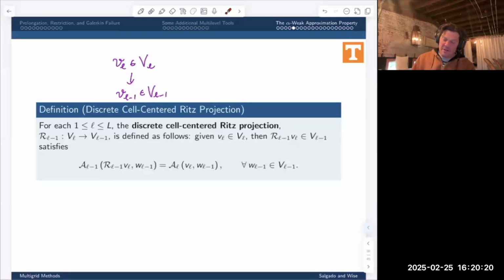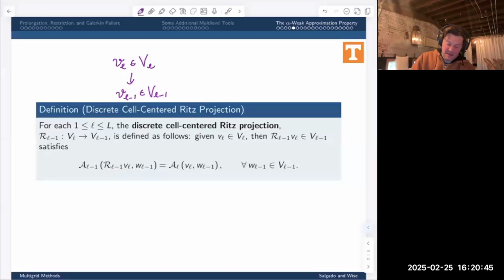The first thing we want to make sure is this object makes sense. So we have to ask ourselves, is it well defined in every position? Let's first answer the question, does this make sense? For AL minus 1, I need the functions in here to be both from VL minus 1.